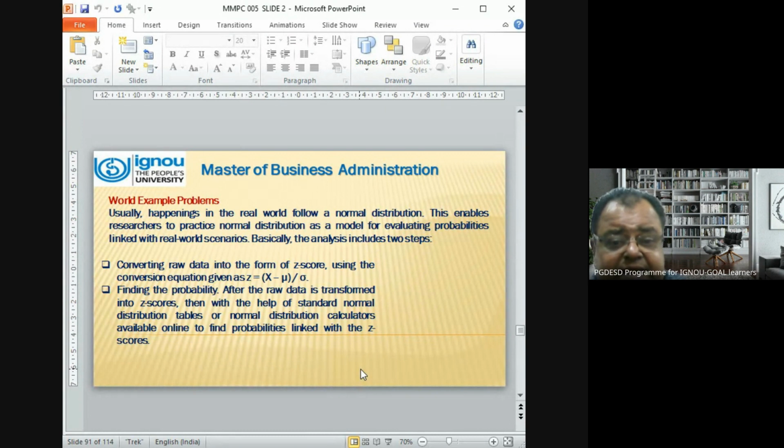Basically, the analysis includes two steps: converting raw data into the form of z-score using the conversion equation z is equal to x minus mu divided by sigma, then finding the probability with the help of standard normal distribution table or normal distribution calculators available online to find probabilities linked with the z-score.